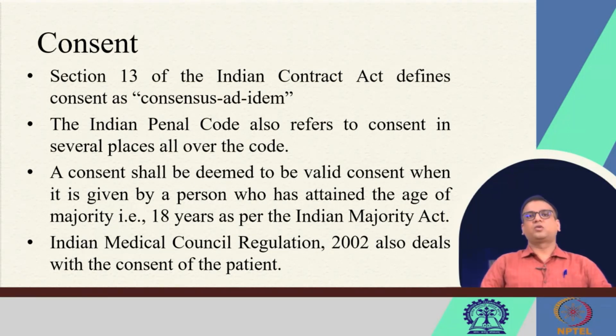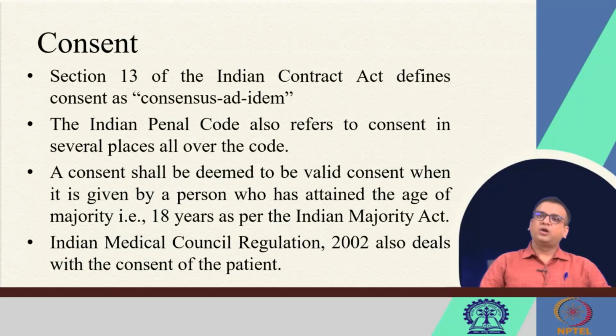The Indian Penal Code 1860 also refers to consent in several places, somewhat of which we have gone through in lecture 6. A consent shall be deemed to be valid when it is given by a person who has attained the age of majority, that is 18 years of age as per the Indian Majority Act.